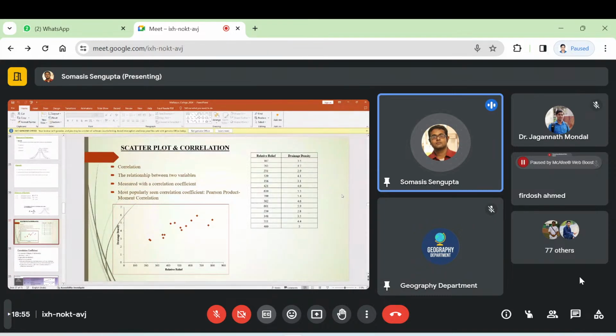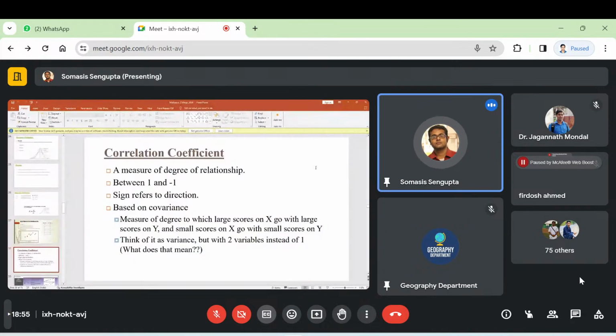This diagram is called a scatter plot, and it helps us quantify the degree of relationship between the two variables. That degree of relationship is measured by a unit called the correlation coefficient, and it exists between +1 and -1.